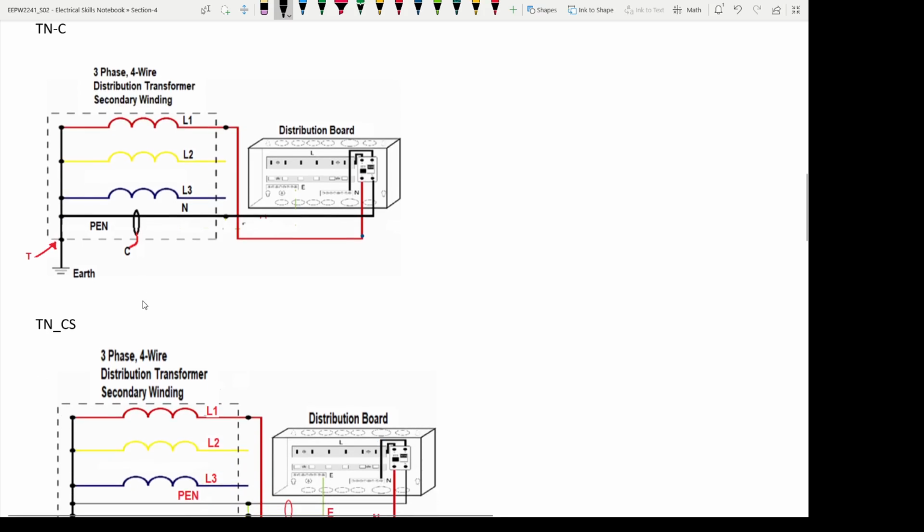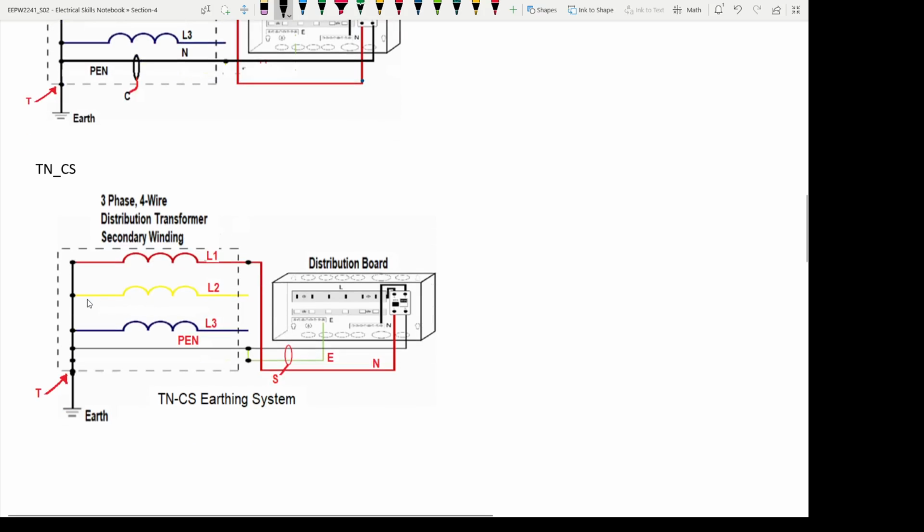Let us go to the next type, TNCS. Here, from the supplier side, the neutral and earth are combined in a single conductor. It comes until the installation of the consumer. Until the distribution box of the consumer, it is only a single conductor.